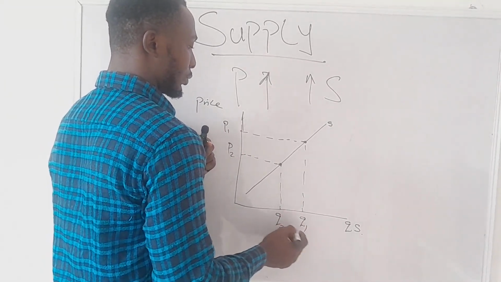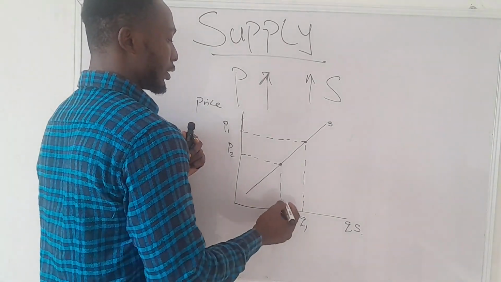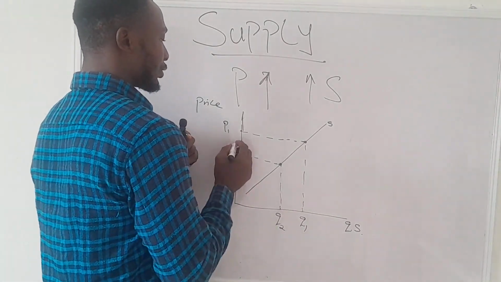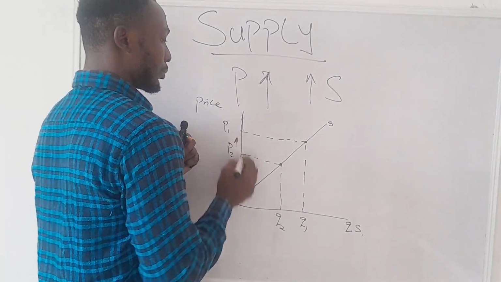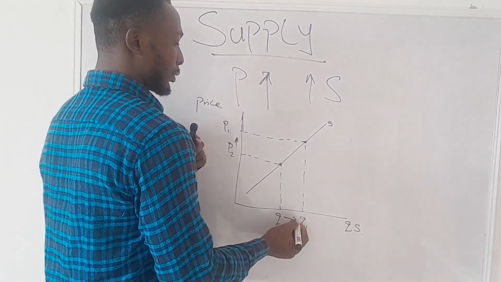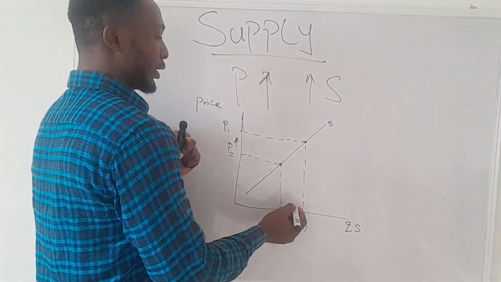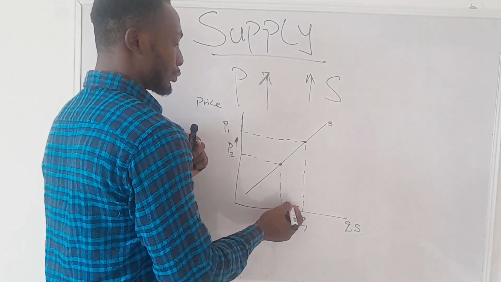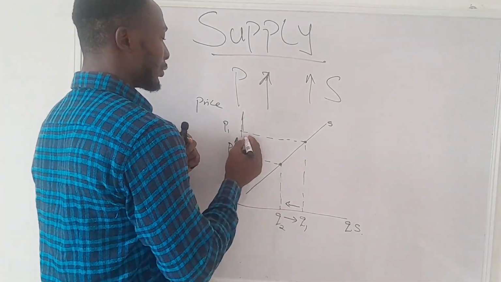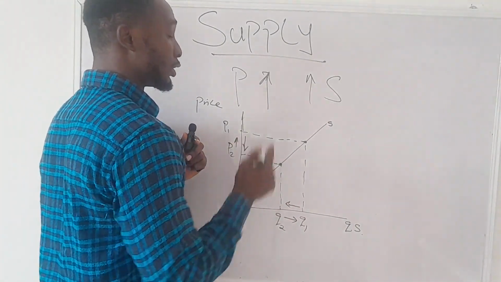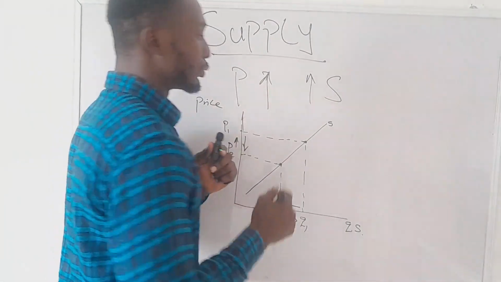So what you find here is that as the price of the product goes up, the quantity supplied goes up. And then the reverse is true. When the price of the product goes down, the quantity supplied goes down.